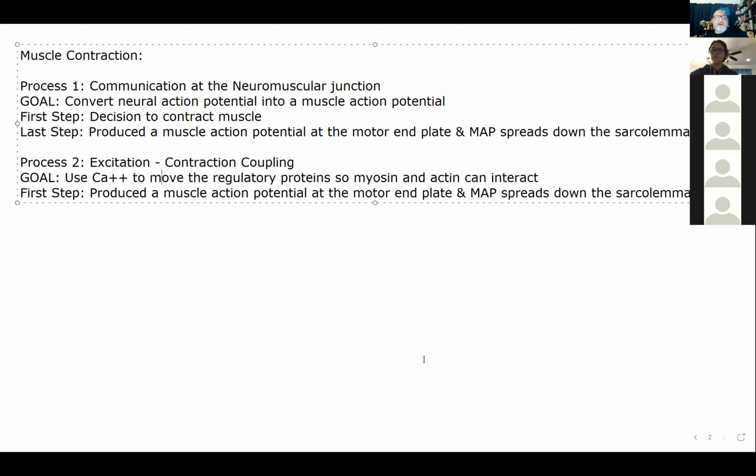And the first step of that is going to be where we left off with process 1, producing that muscle action potential at the motor end plate. All right, so let's do that.